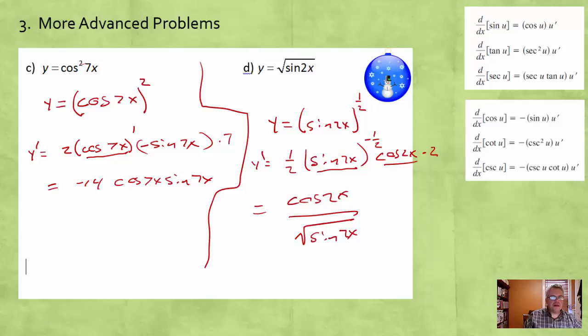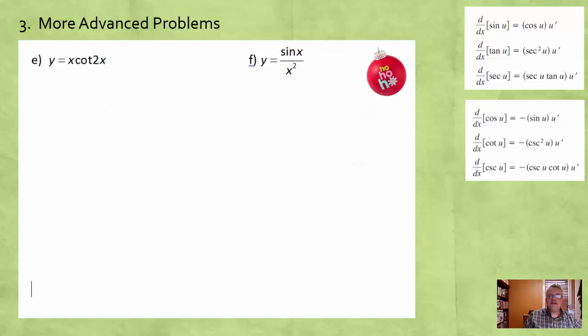Alright, what else is there? Let me see. This is the very end here, so let's work through these. So this one requires the product rule. So that's where we're going to start. We have x times cotangent 2x. So the product rule is f prime g plus f g prime. So we have y equals, f prime would be 1, g is cotangent 2x, plus f, which is x, g prime is the derivative of this guy, which is what we're doing today.